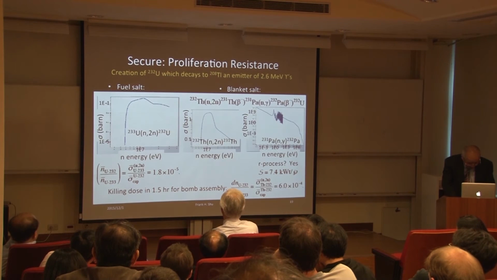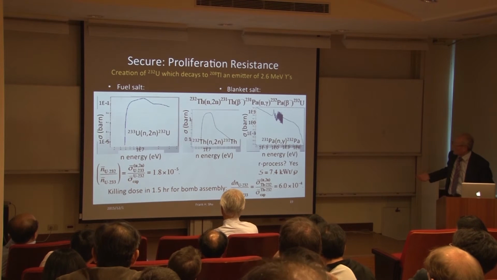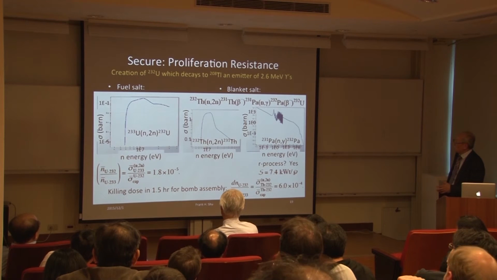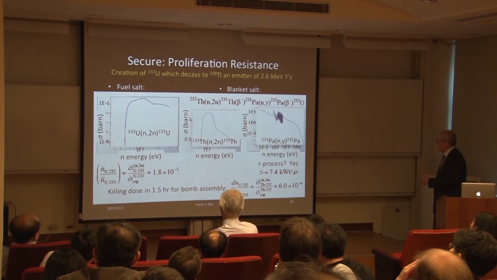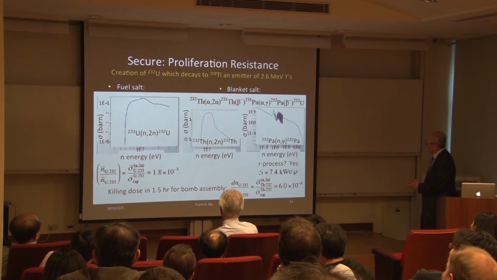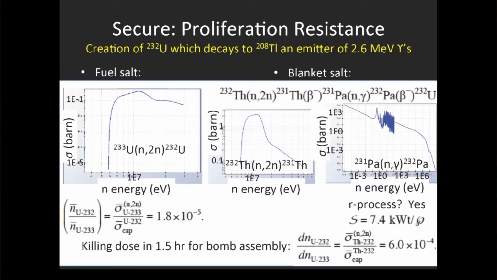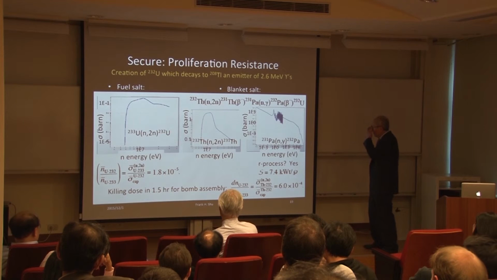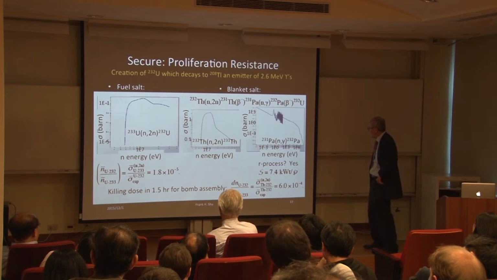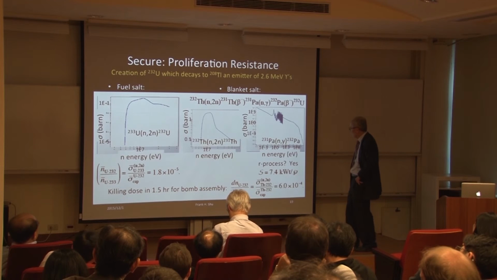Okay, let me skip this. This is another question of whether you have R or S process. And here, the final step is actually an R process. That same formula, S, is now 7.4 kilowatts over power, because this thing has long enough lifetime to capture a neutron.